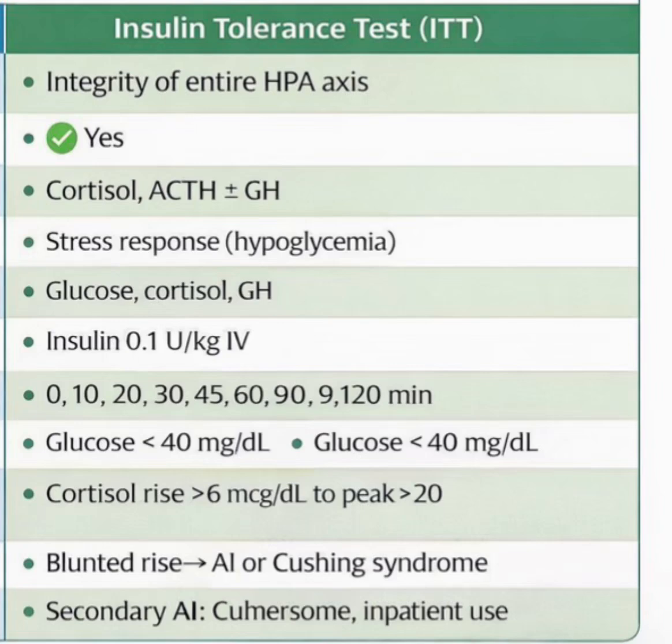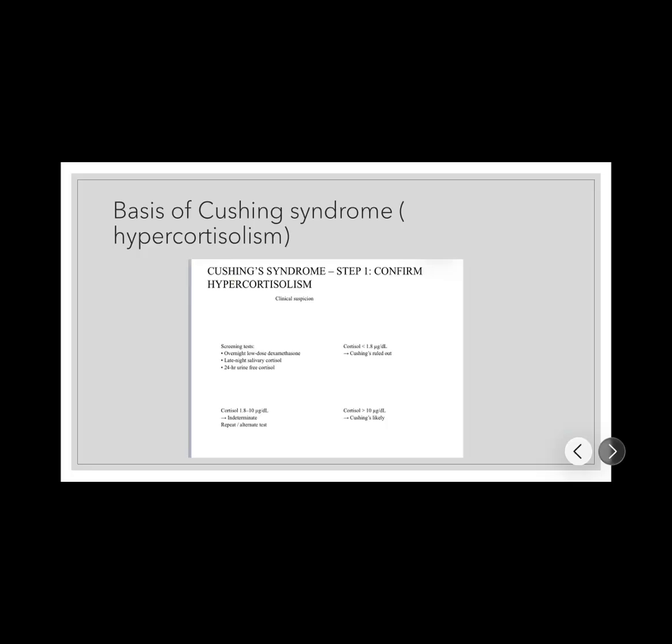Now, coming to our topic, which is Cushing syndrome. First of all, we have to check whether hypercortisolism is there or not. So for Cushing syndrome, first of all, you need to know the normal responses. We know that CRH is secreted from the hypothalamus.